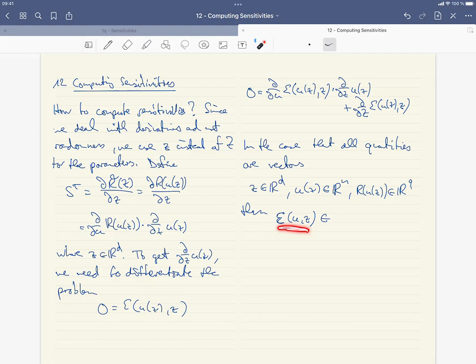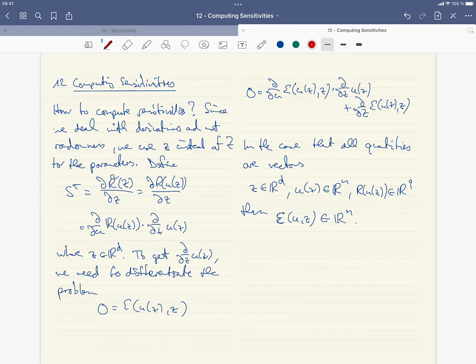If I want unique solvability, then for the n components that I want to compute, typically I should have n conditions. So e of u and z is a vector in R^n. And then now we can do what I wanted to do, namely look at the sizes of these quantities.